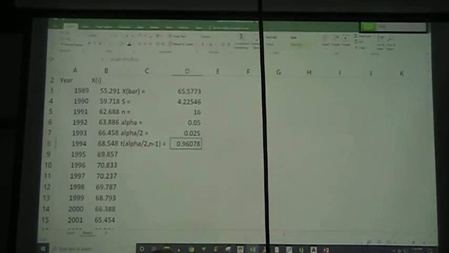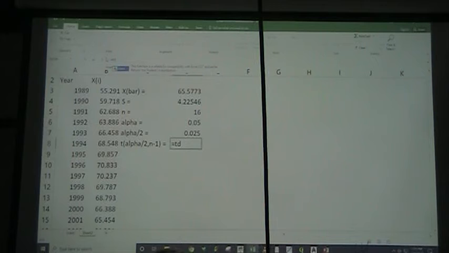All right, so what did I do wrong? Let's try inverse T. All right, let's not try that then. T distribution. Boy, I did this a second ago and it just popped right up.